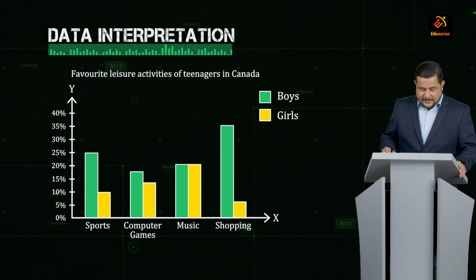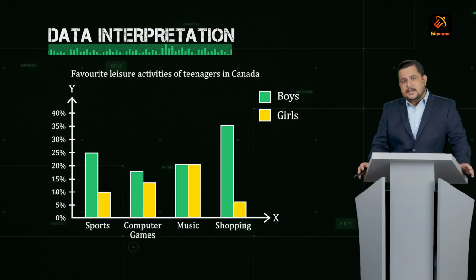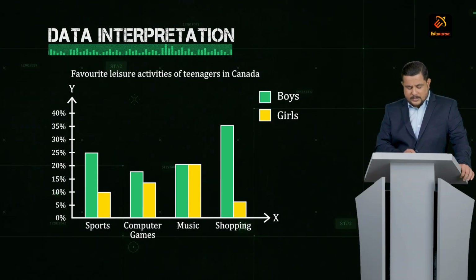So as we can see, here we have the favorite activities of teenagers in India. The categories are sports, computer games, music, shopping. So it is available on which axis? It is available on the x-axis.